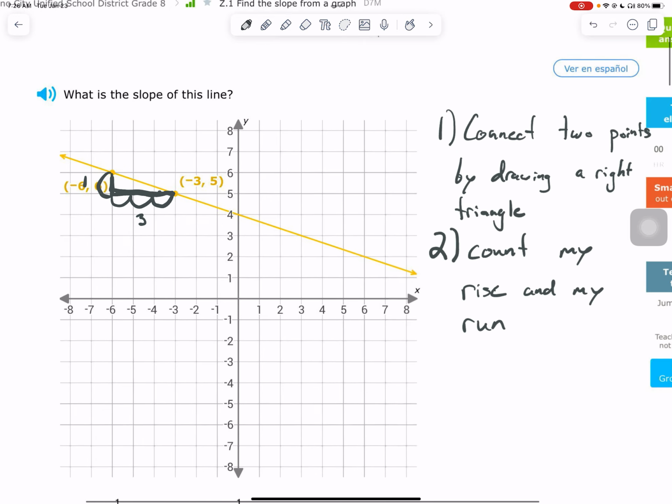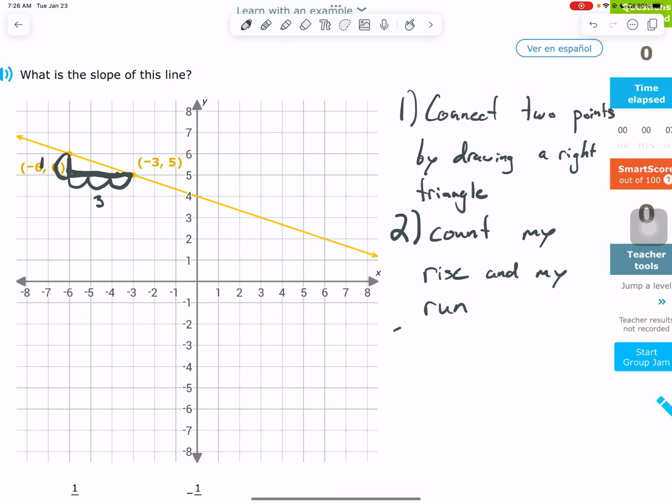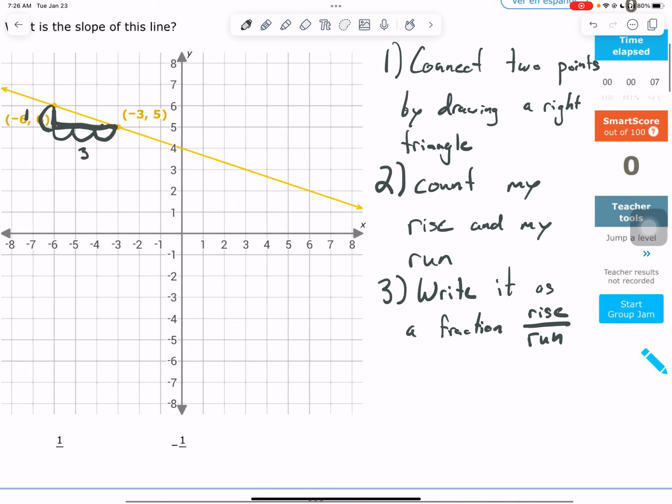Now that I have my rise and run, I'm going to write it as a fraction, where it is rise over run. In this case, my rise was 1 and my run was 3.